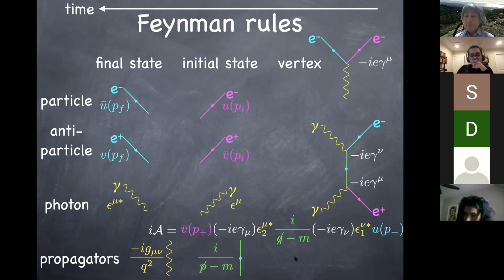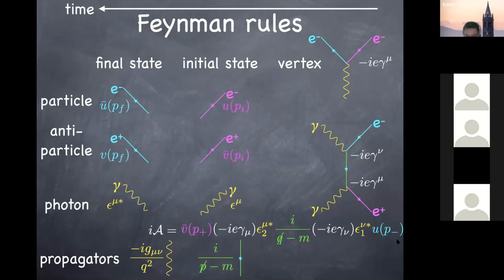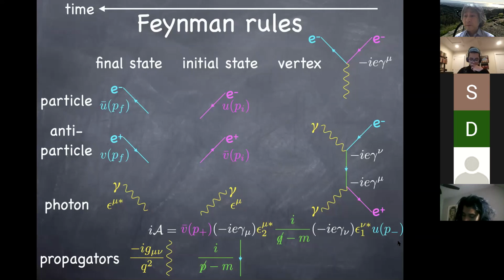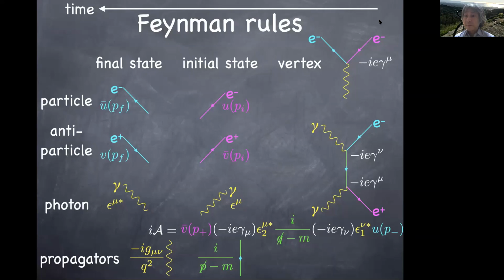Professor? Go ahead. Is it Andrew? I'm a little confused about the vertex factors in the amplitude. Can you go over again why you lowered the indices on the gamma matrices? Yeah. So this gamma nu has to be contracted with the polarization vector which you associate with the final state photon.